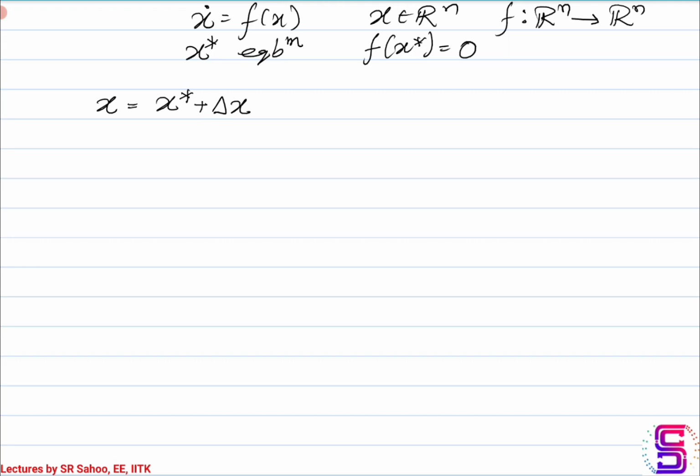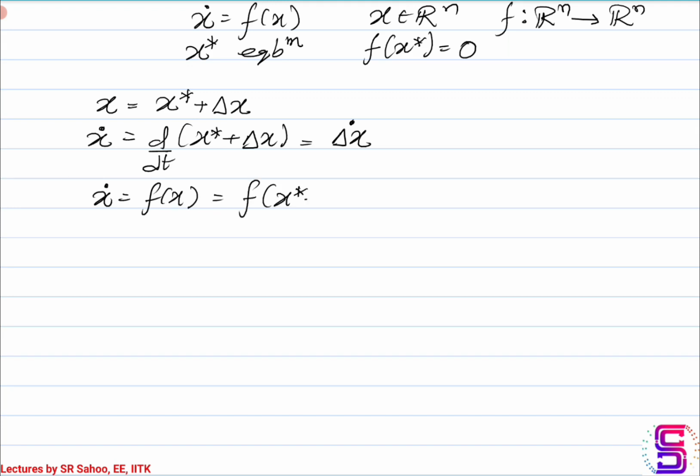Now, what is x dot? x dot is d by dt of x star plus delta x, which is nothing but the derivative of delta x itself, the perturbation. So the variation in x is the same as the variation in the perturbation itself. Now we also know that x dot is f of x, which is f of x star plus delta x.